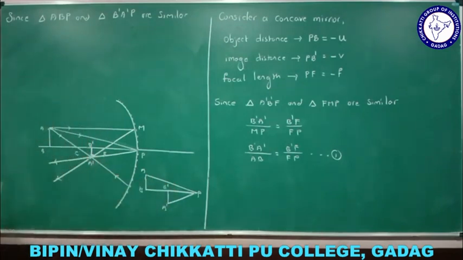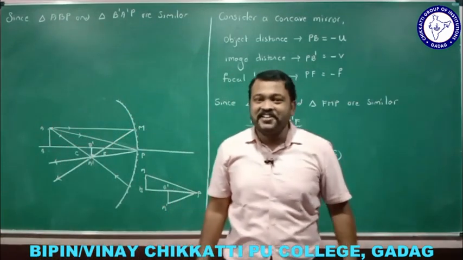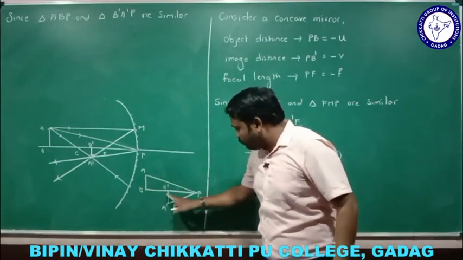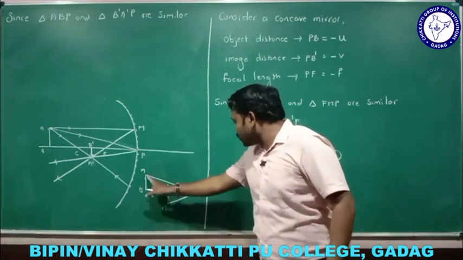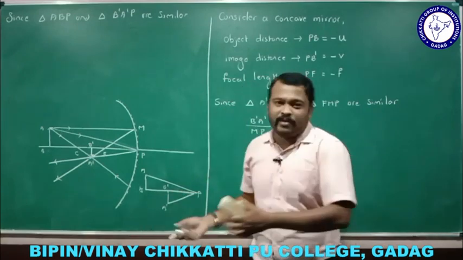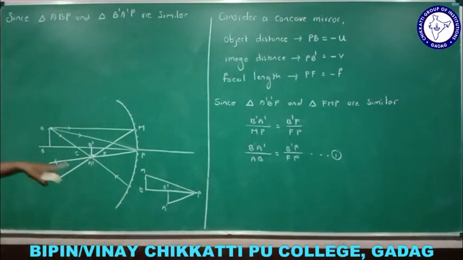Again, let me follow the rule: if two triangles are similar, then the ratio of corresponding sides are equal. Tell me, by seeing this, what is the corresponding side of AB? B dash A dash. What is the corresponding side of AP, the hypotenuse? A dash P, and BP is common here, right? Now let me start.